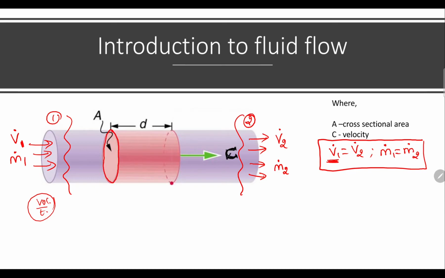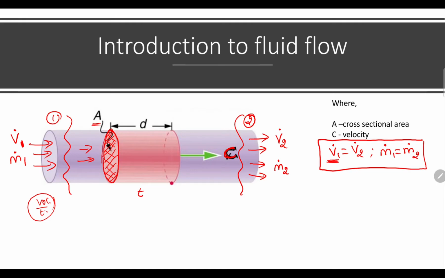Let us assume in this pipe water of this cross sectional area A, capital A, is moving at a velocity c, and in a certain time t, it displaces.